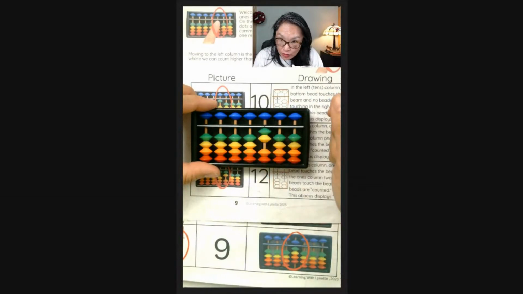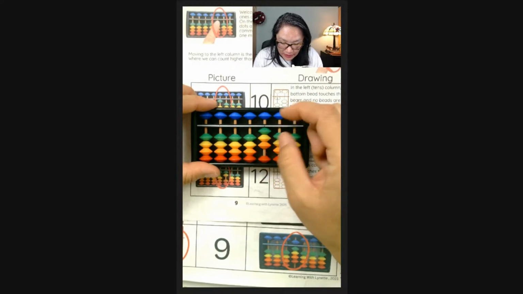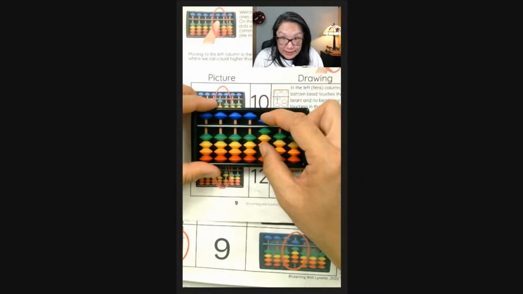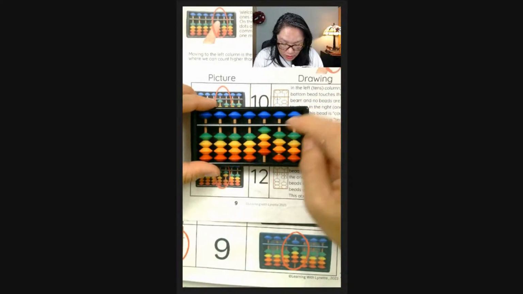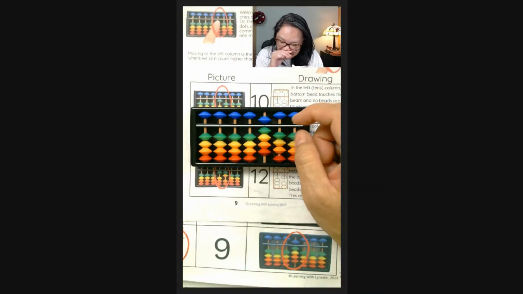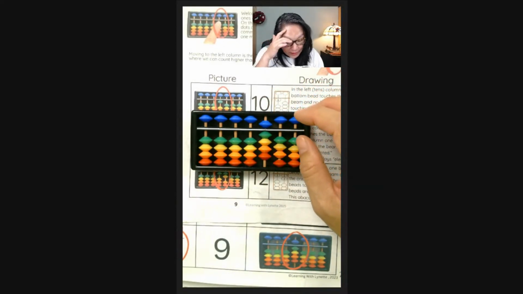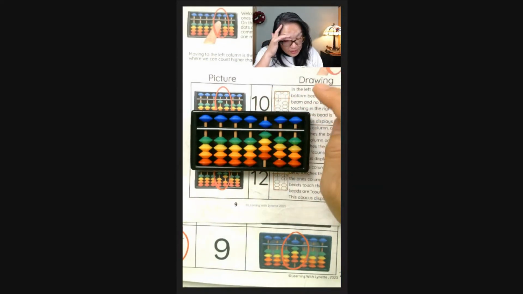We have 2, add the 5, now we have 7. We have 3, 1, 2, 3, we add the 5, now we have 8. We have 4, 1, 2, 3, 4, and we add the 5, now we have 9. Now this is what I was talking about right here, and you're right, Godiva, I was not in the beginning, but this is the beginning now.